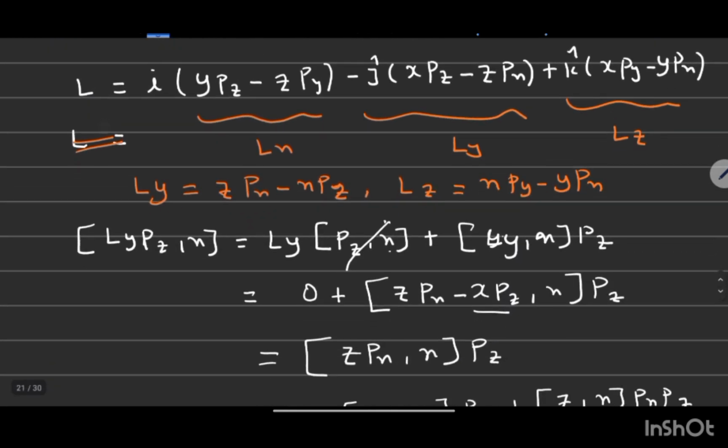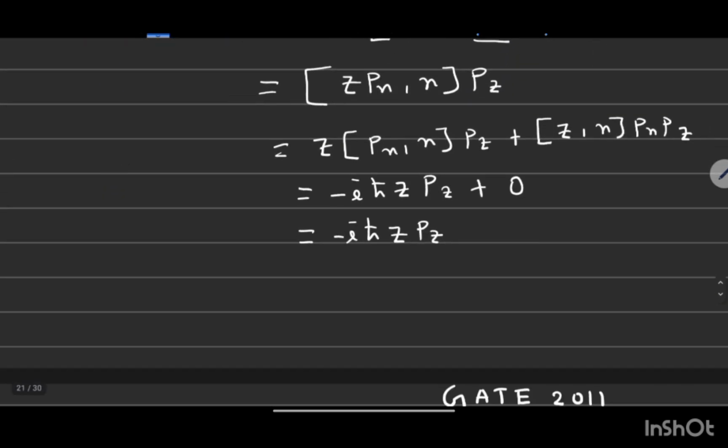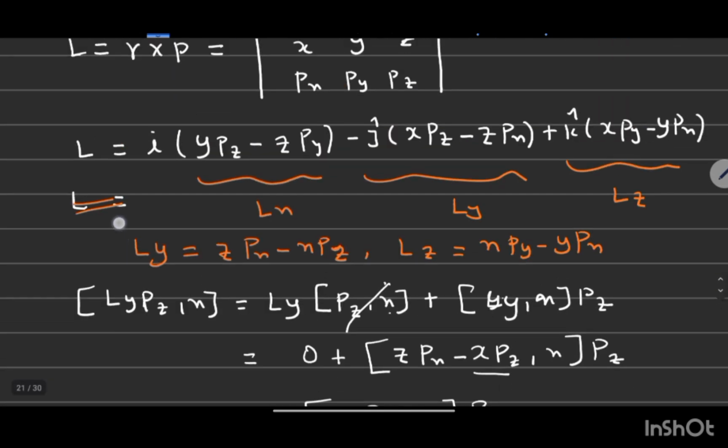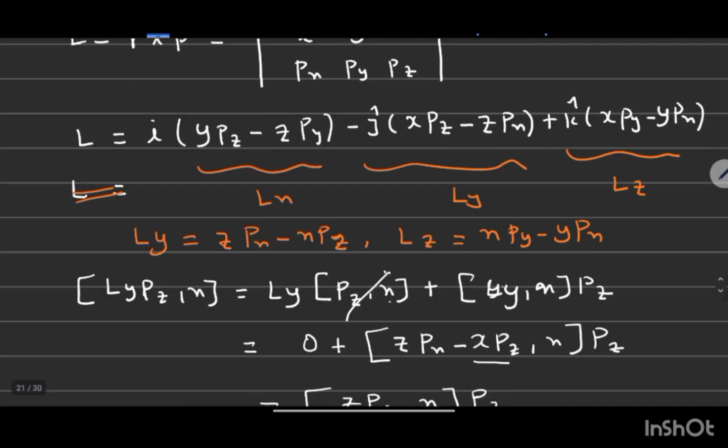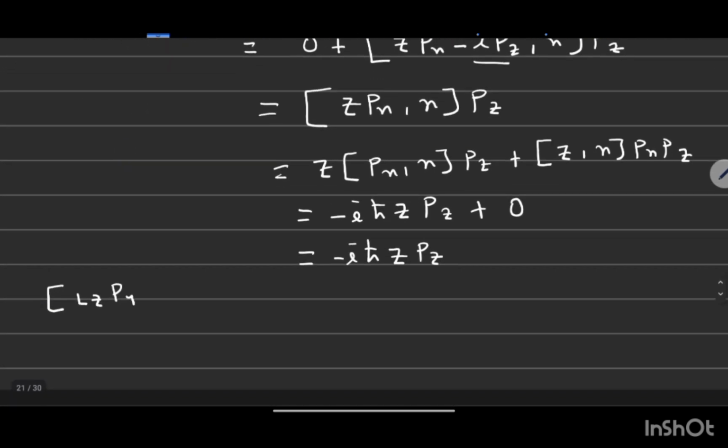Using the distributive property, one can write this as Lz times Py comma x plus Lz times x comma Py.